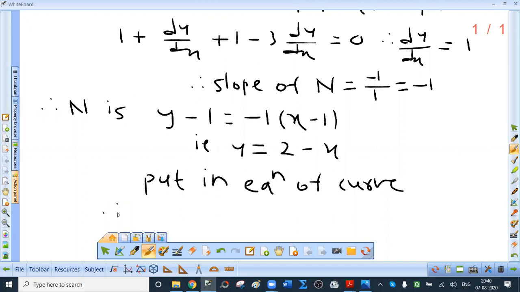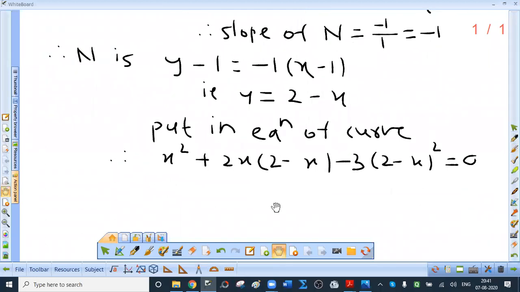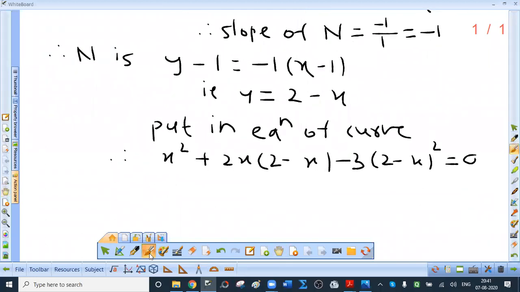So tell me what you get. It is x square, okay, plus 2x, and what is y? 2 minus x, right? Minus 3, what is y square? 2 minus x bracket square equal to 0. Now you have to simplify this. Tell me which quadratic equation you get.